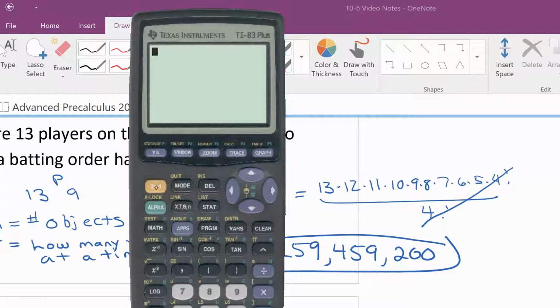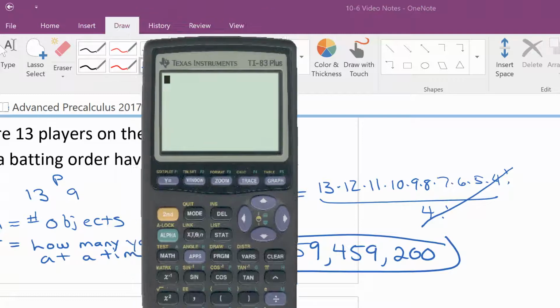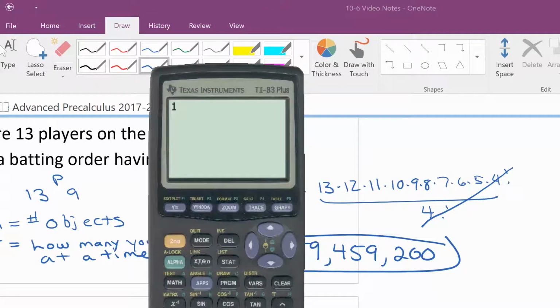If you want to type that in on your calculator, there is a way to do that. You go math. And then over here at probability, the nPr is number 2 for permutation. So first you have to hit 13, then you hit math, and then you go to probability.